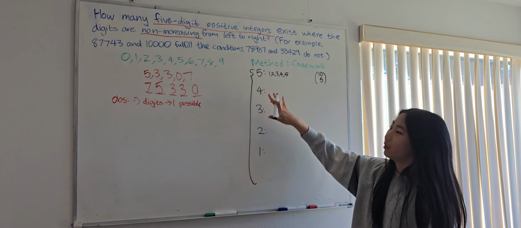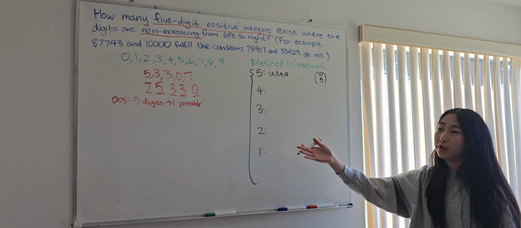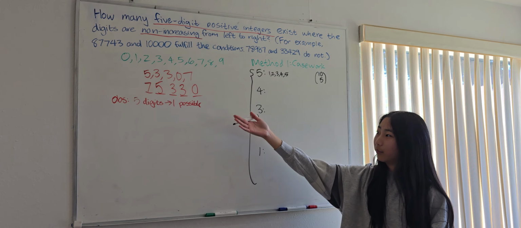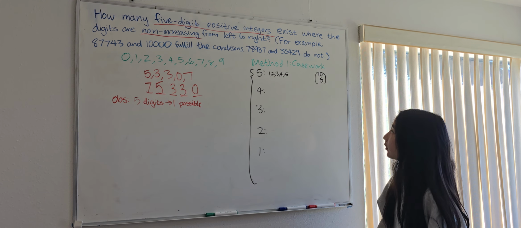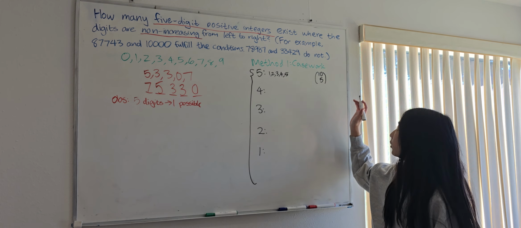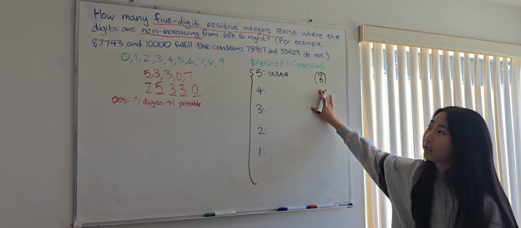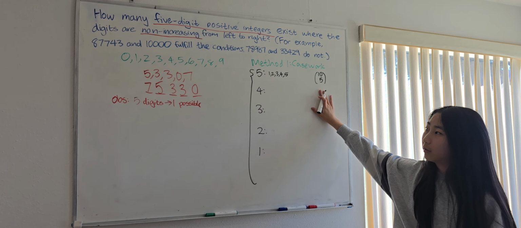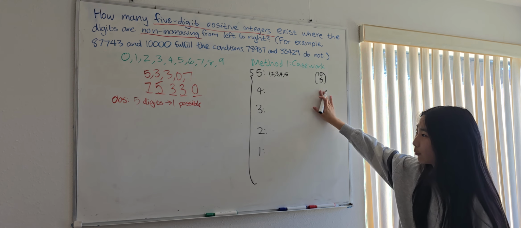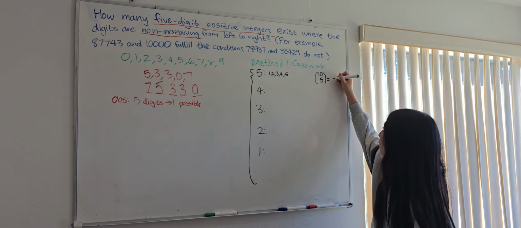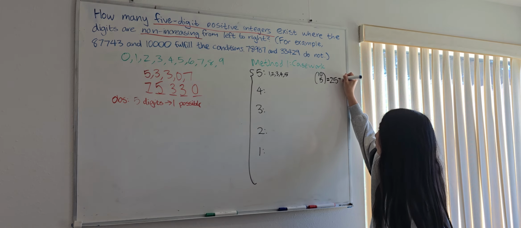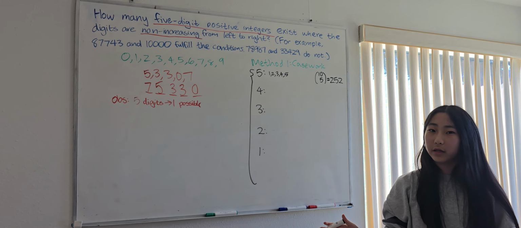Then this set can be used to create exactly one 5-digit non-increasing number due to our previous observation. Therefore, for this case, we simply have 10 choose 5 different sets we can create. And this multiplies out to 252.